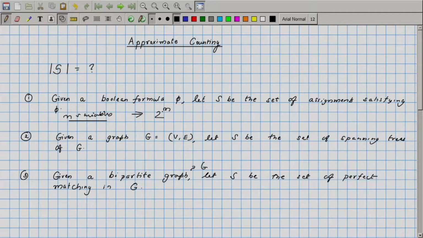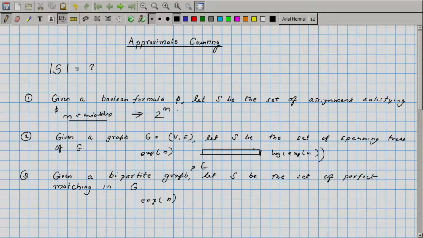Given a graph, the set of spanning trees also could be exponential in the number of vertices, and the same for perfect matchings. But these are numbers, and therefore they can be output by a string of length log of exp n. In the sense, the output is going to be polynomially long in all these three cases.